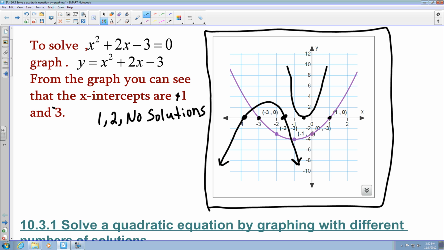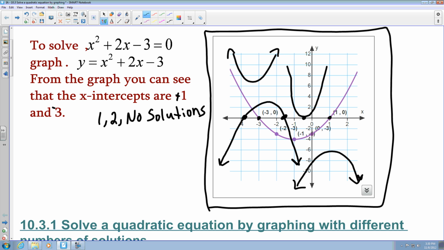If it touches the x-axis right at the vertex, so if the vertex happens to be the x-intercept, then that particular equation only has one solution for the x-intercept. The last one is no solution. No solution could look something sort of like this, or something like this, where the graph doesn't even touch the x-axis.